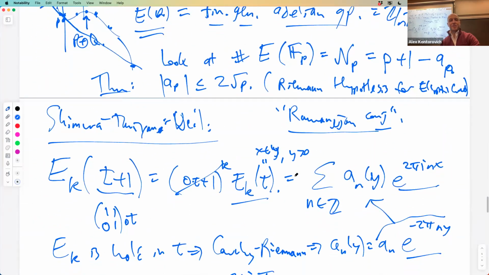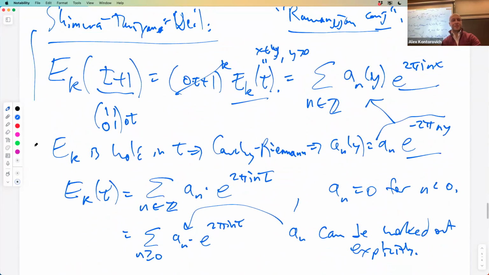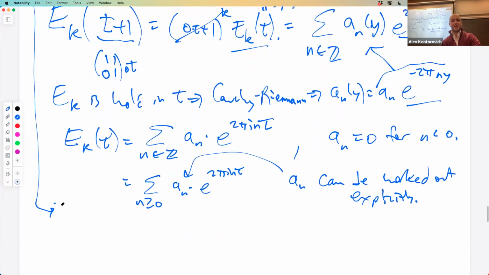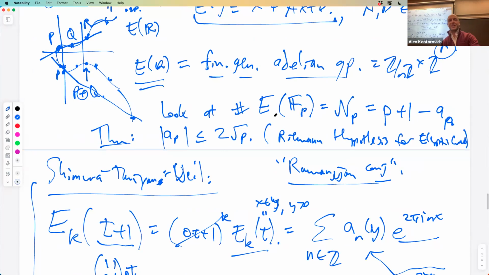Taniyama-Shimura-Weil conjectured... So what's the Taniyama-Shimura-Weil conjecture? I'm doing this all over Q, but of course you can do this over much more general settings.